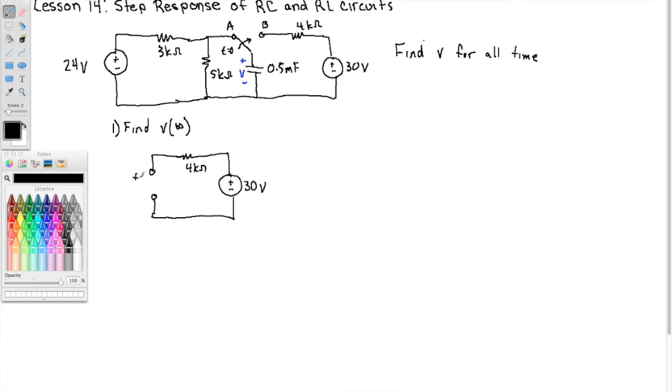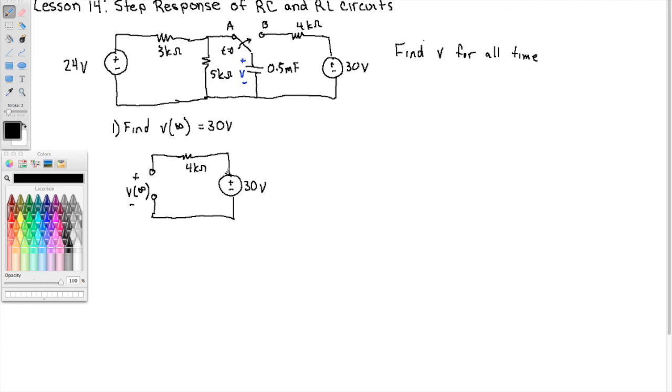So what is that voltage there? Well, again, there's no drop across the 4K resistor, so all the 30 volts makes it to the capacitor. So V of infinity is 30 volts.